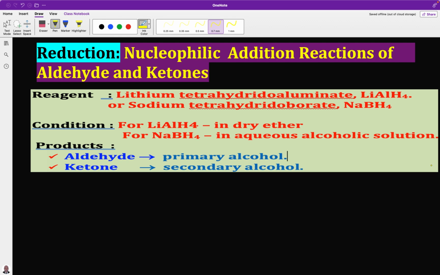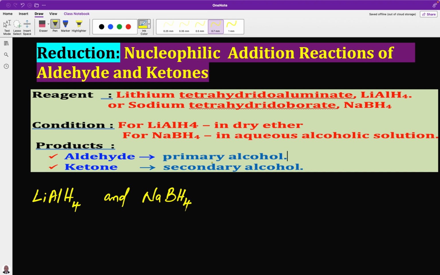Now let me just come first. Remember that lithium tetrahydroaluminate, LiAlH4, and sodium tetrahydroborate, NaBH4, are acting as reducing agents.